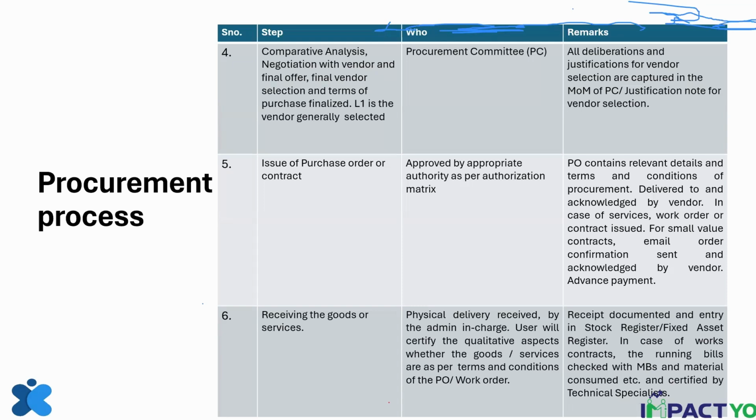Okay. So for small procurement, this will be a purchase order or a contract, and I told you when purchase orders are used and when contracts are used. For small purchases where you have only asked for verbal quotations, you can also give an email kind of confirmation of the order and it is acknowledged, that is all right.